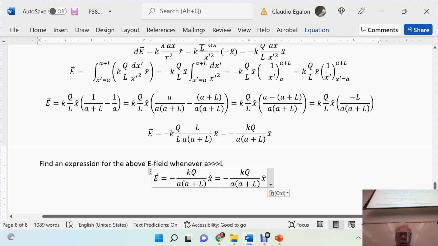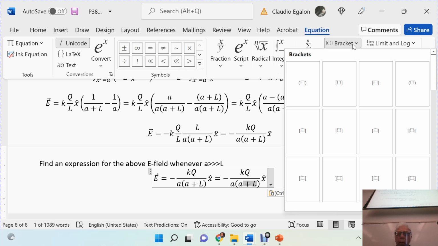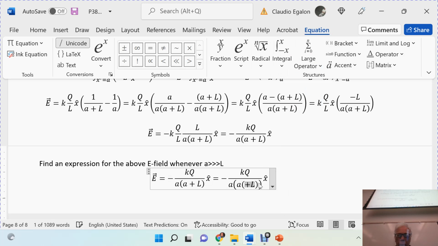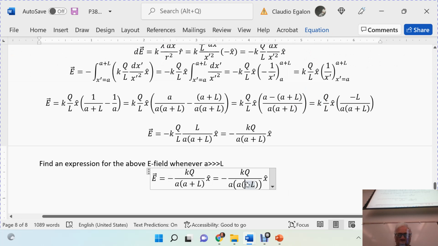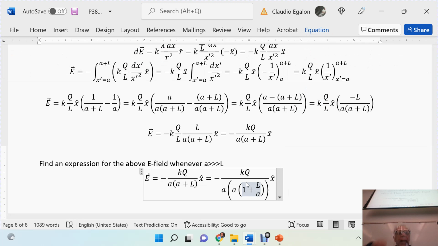We factor A. Okay, here you go. I'm gonna factor A right in here. When I factor A, we end up with a 1 as the first term and an L divided by A in the second term. Okay?